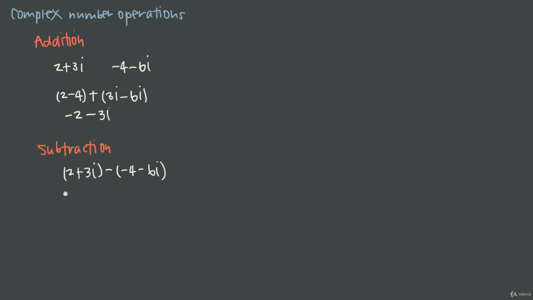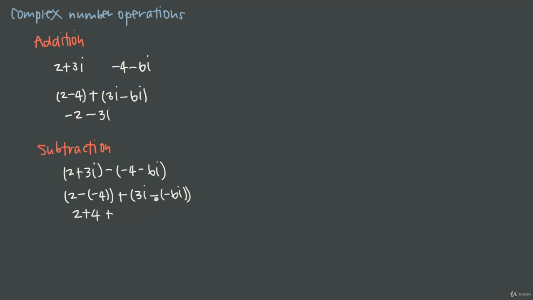We just find the difference of the real numbers. So 2 minus a negative 4. And then we add to that the difference of the imaginary parts. So we say 3i minus a negative 6i. 2 minus a negative 4 is 2 plus 4.